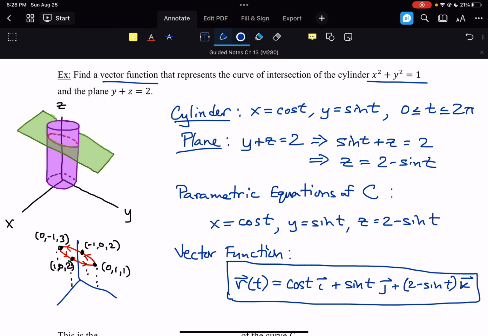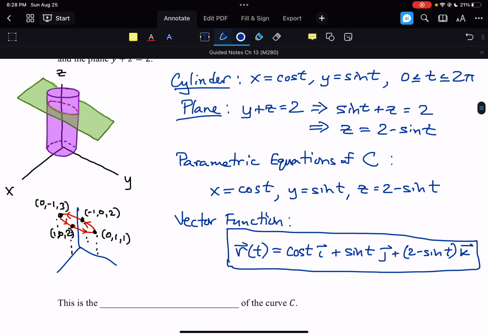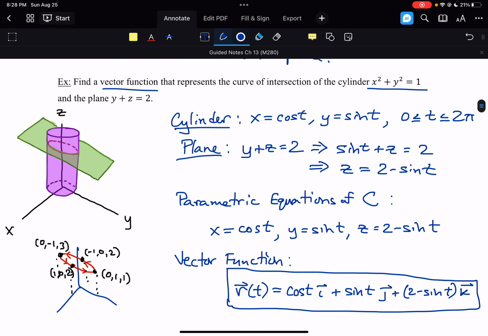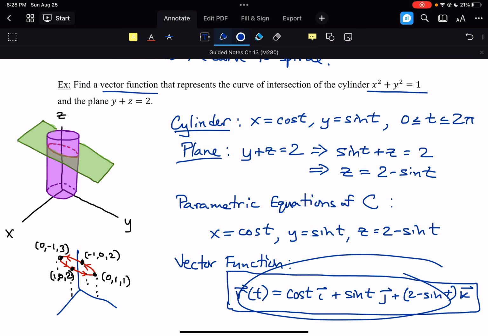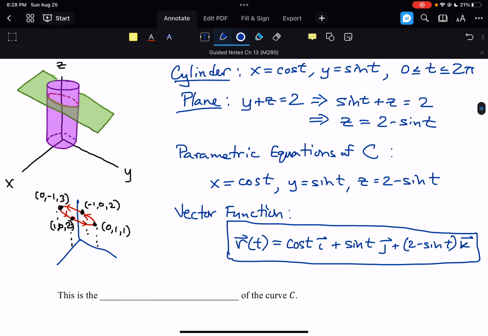In the formula for the vector function that we have, everything is in terms of that parameter t. So we no longer have these equations of x, y, and z anymore. All of these equations got converted into one vector function in terms of only t. This is what we like to do, especially in calculus in 3D, because we want everything as simple as possible. We want everything in the context of one parameter, if we can, instead of three different variables.